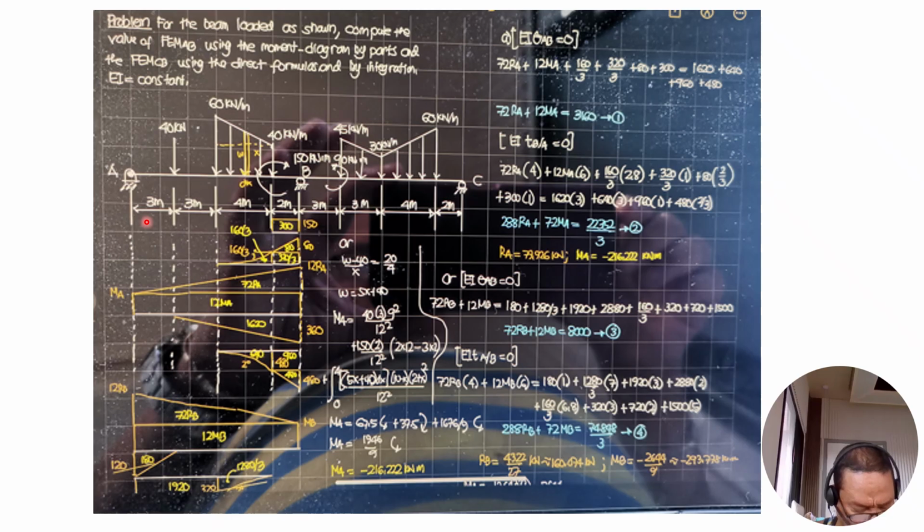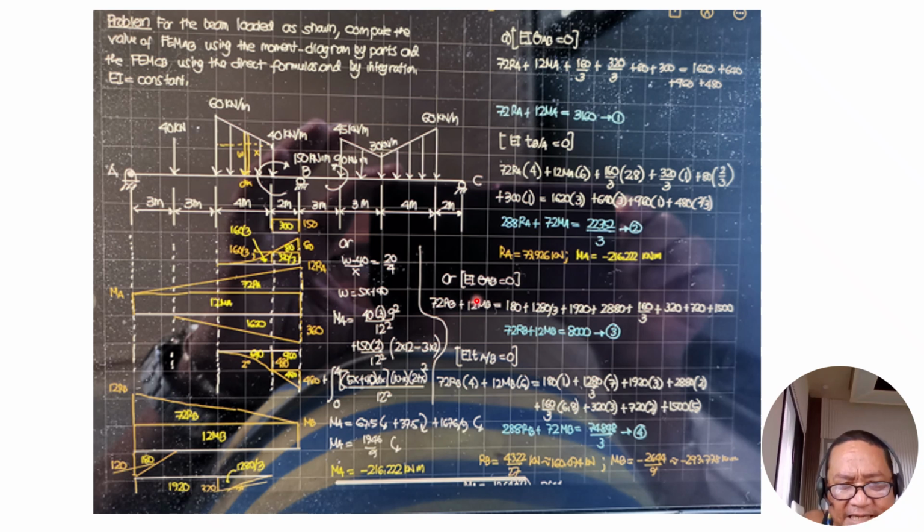So there is an extension triangular 240 to complete the moment diagram by parts due to this triangular loading. Then finally, for the 150 couple, 150 rectangular here at the bottom, and the area is 1,500. So again, the yellow symbols are areas. You just look at the moment diagram by parts on the next slide.